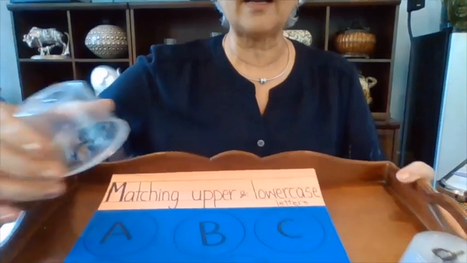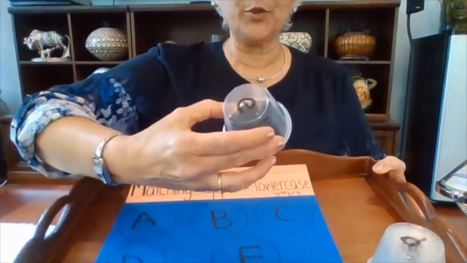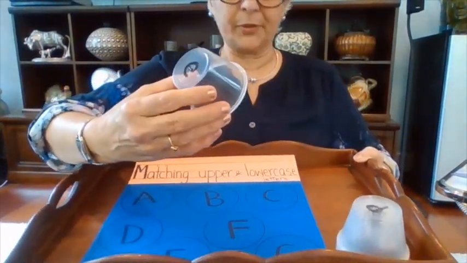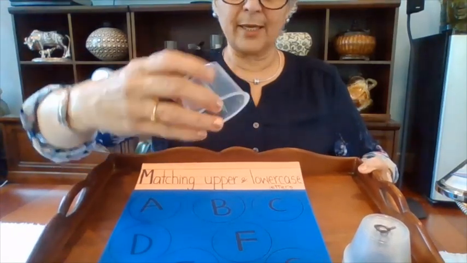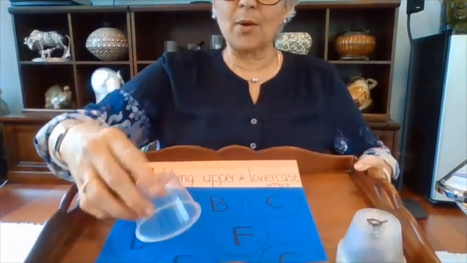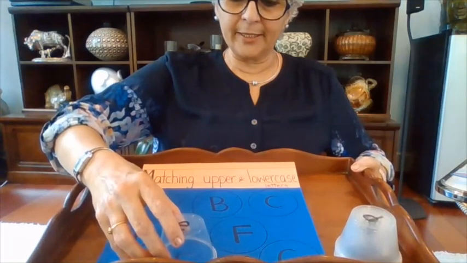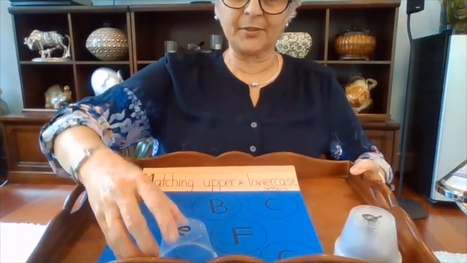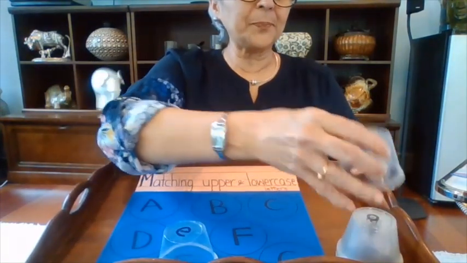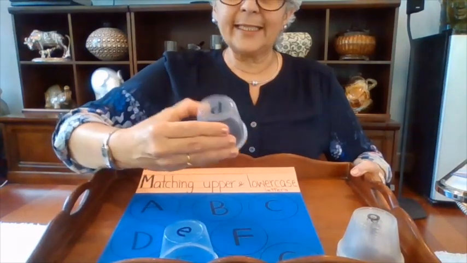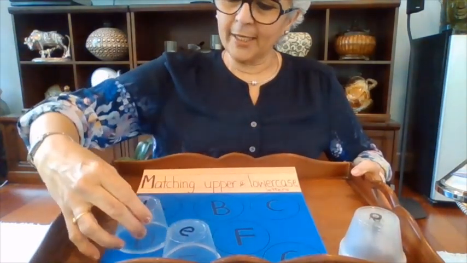So you pick up the cup and then you look at what letter you have and find that matching letter. And once you find that matching letter, you place the cup on it. So I found the letter E. It's right here. And the next one is lowercase d. So it's right here.